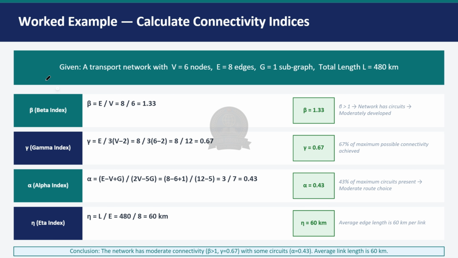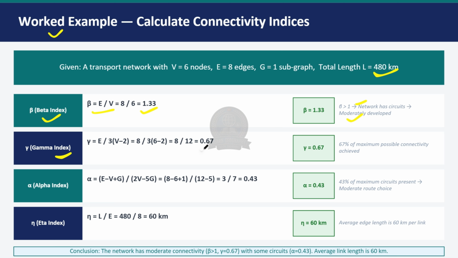Now, a worked example: calculate connectivity indices. Given a transport network with vertices V 6 nodes, E 8 edges, and G is equal to 1 subgraph, and total length 480 km, then the beta index will be, this is the formula, 1.33. Interpretation: beta more than 1 means the network has moderately developed circuits.